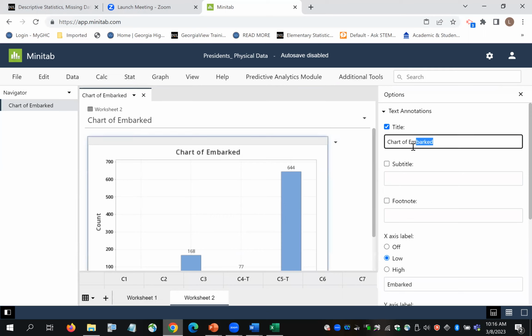And at that point, it lets me change what the title is. Now I can add a title, a subtitle, and or a footnote. So like for this one, the details are important. So we have Titanic passengers embark location.